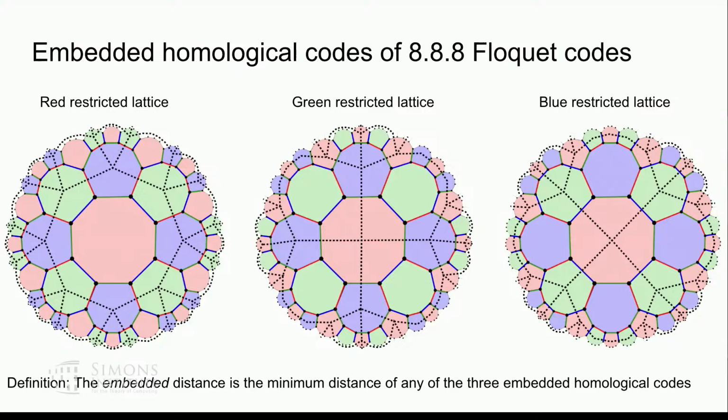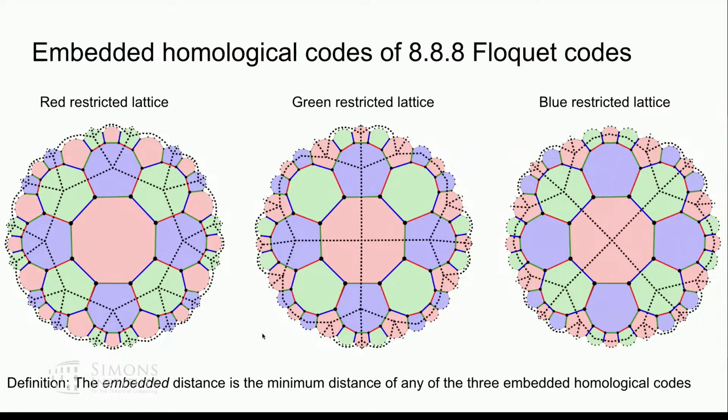I now need to define the distance we consider in some of the numerics that we show. One of them we define as the so-called embedded distance, which is just the minimum distance of any of these 3 embedded homological codes. After any of the 3 different subrounds, we have a slightly different embedded homological code defined by a tiling shown by the dotted black lines.